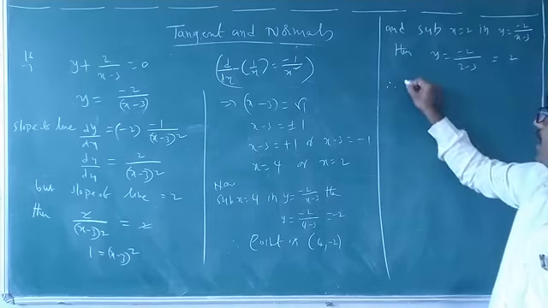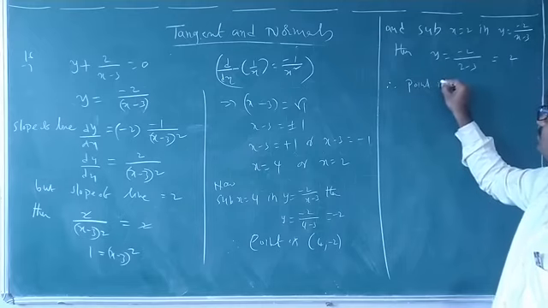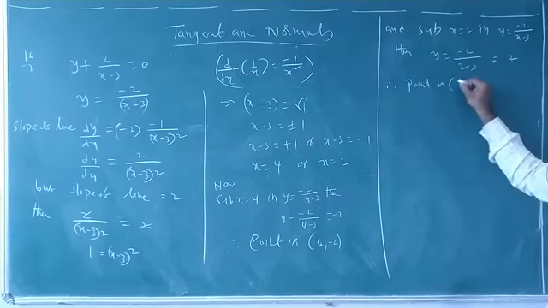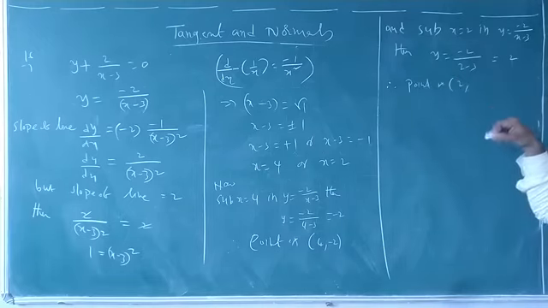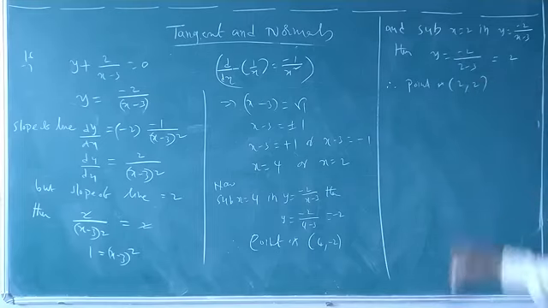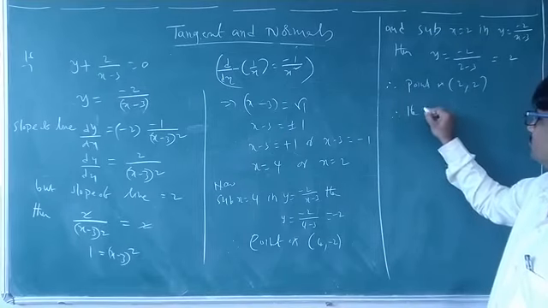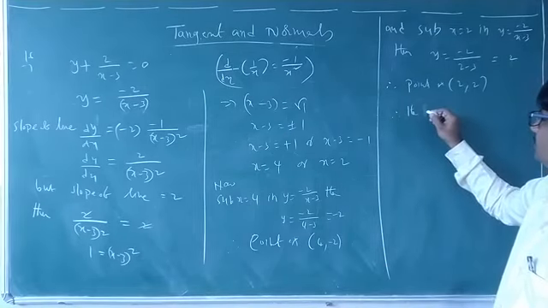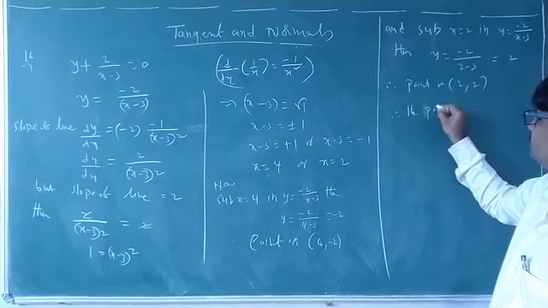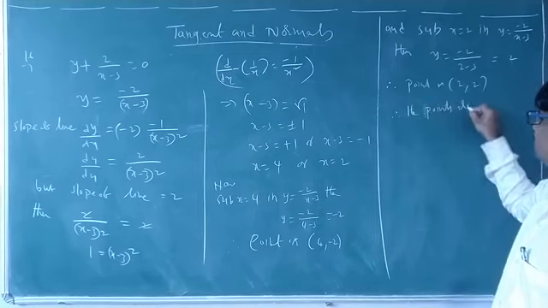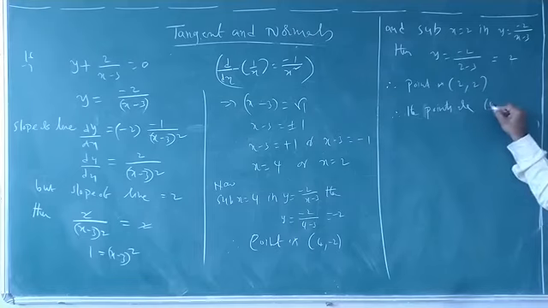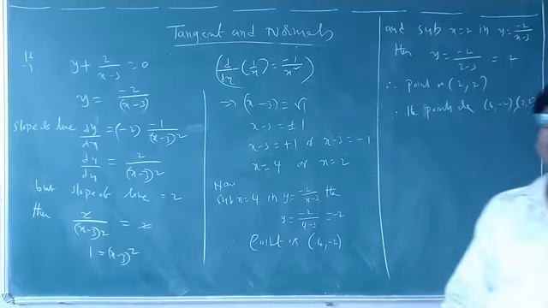Therefore the point is x value 2, y value 2. So what are the required points here? The points are (4, minus 2) and (2, 2). Two points we got.